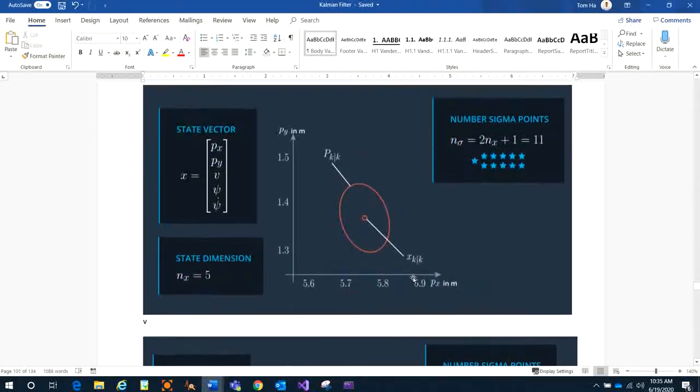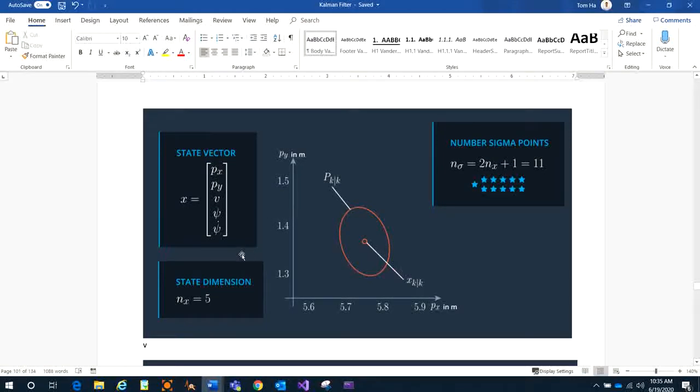For example, in our problem, we have the state vector. What is the dimension right here? 5, right? We have px, py, velocity, yaw angle and yaw angle rate, right? And the state dimension right here is 5. And we have the formula to generate sigma points. How many sigma points do we need?